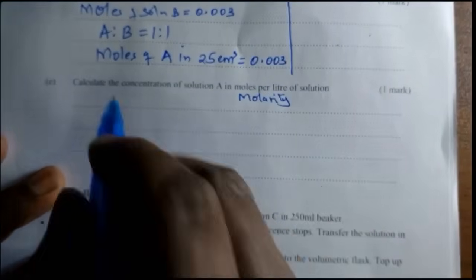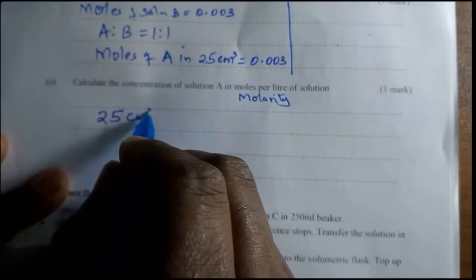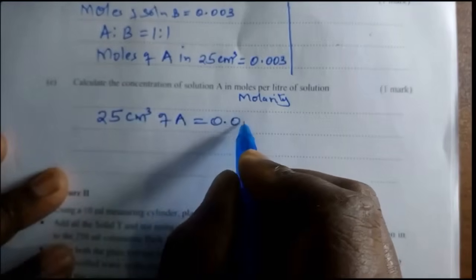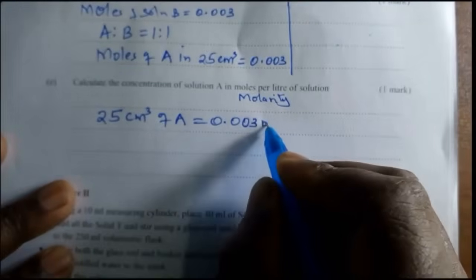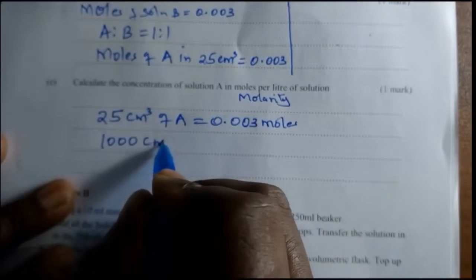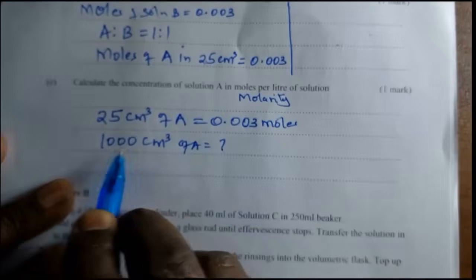No. So 25 centimeters cube of A contains 0.003 moles. 1000 centimeters cube of A will contain how many? 1000 is a liter.